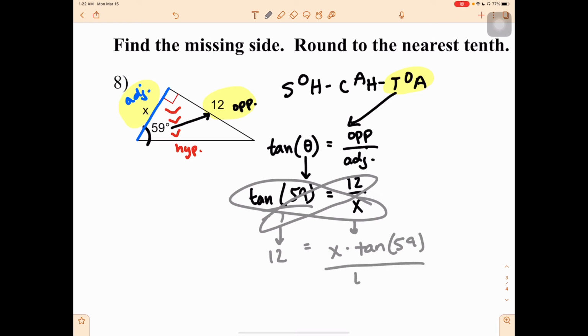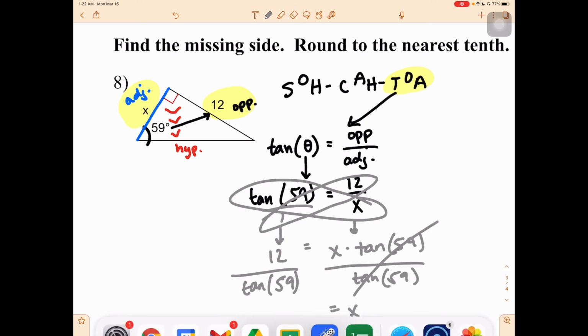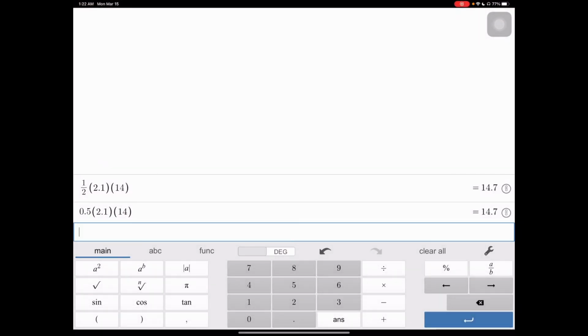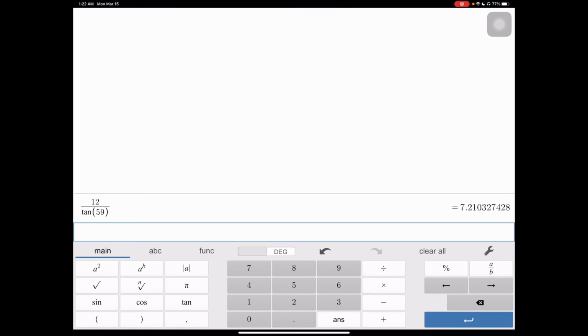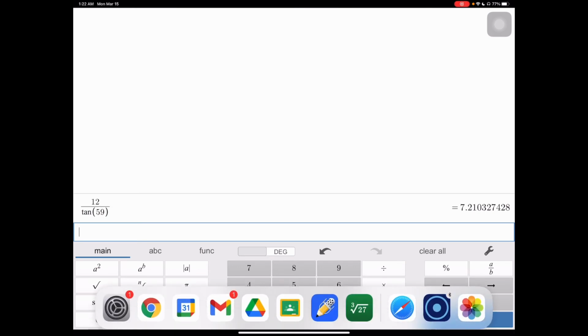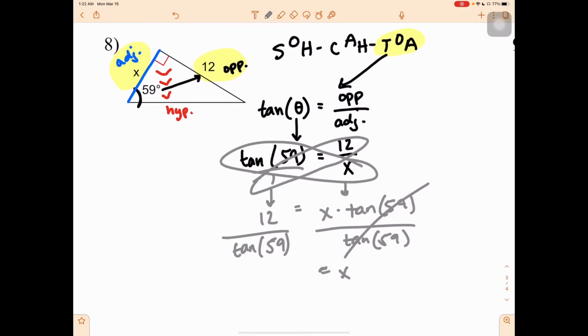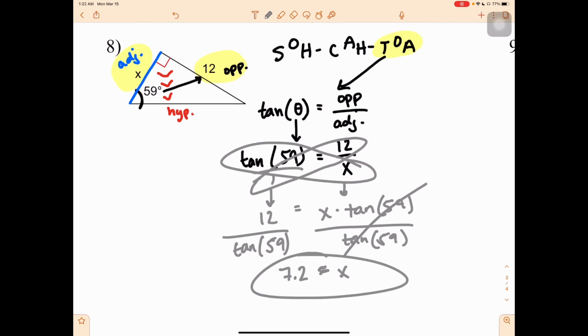We have to divide both sides by tangent of 59. x equals 12 divided by the tangent of 59. And this is all big time review here. So this is about equal to 7.2 if we round to the nearest tenth. And that's the missing side length there.